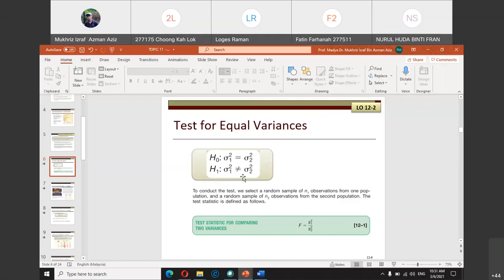The F value here is very simple and straightforward. We just take the variance from the first sample, divide by the variance from the second sample. That is how you get the calculated F value.